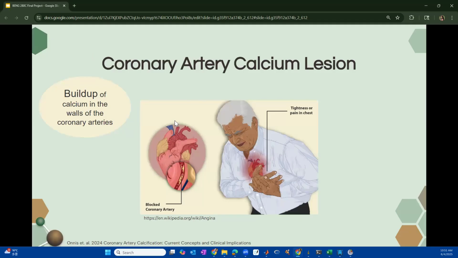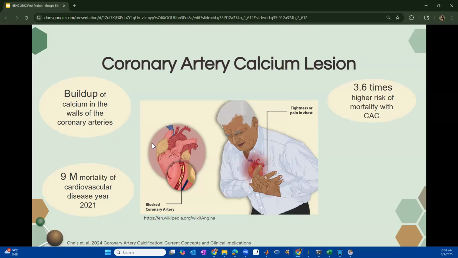So why do we care about coronary artery calcium? Because it's a major warning sign for serious heart disease. Calcium buildup in the walls of coronary artery has been linked to nearly 9 million deaths as of 2021. In fact, people with significant coronary artery calcium are 3.6 times more likely to die from cardiovascular causes.